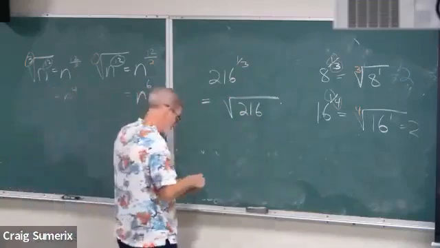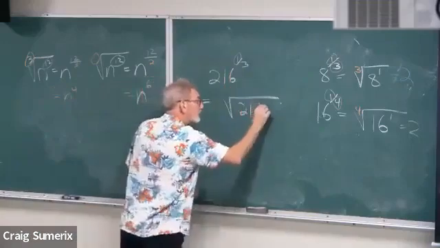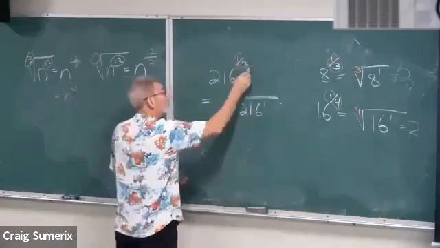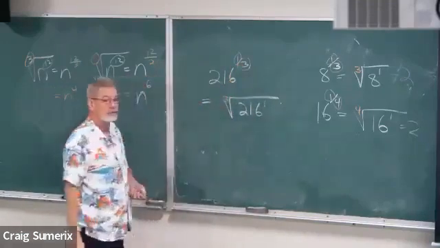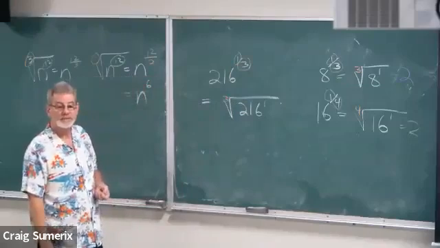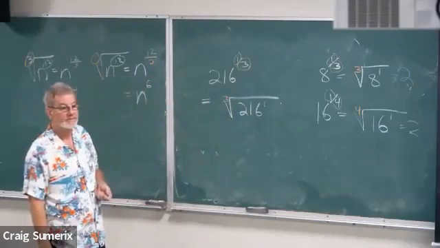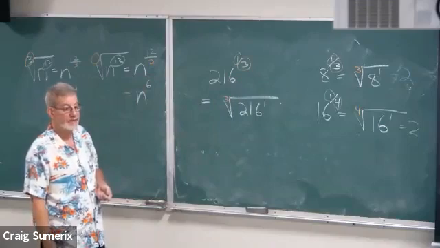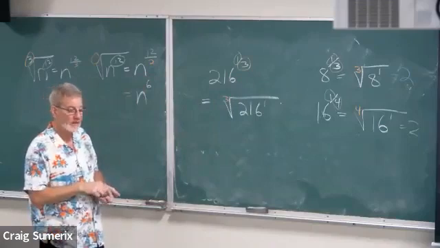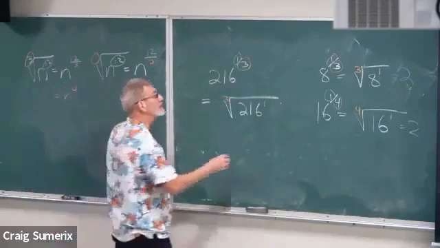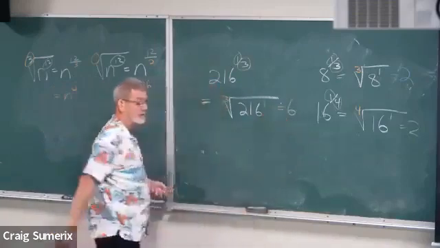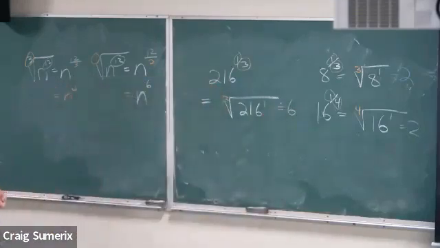Top number is inside, bottom number is outside. What's the third root of 216? Use your calculator. Not 4. Is 4 times 4 times 4 equal to 216? Not this week. 6. But the negative's going to be on the homework.